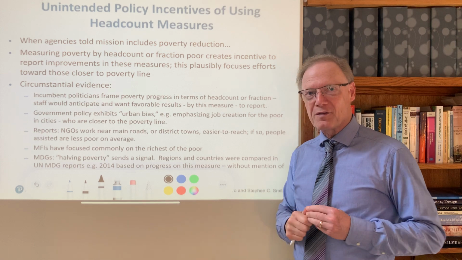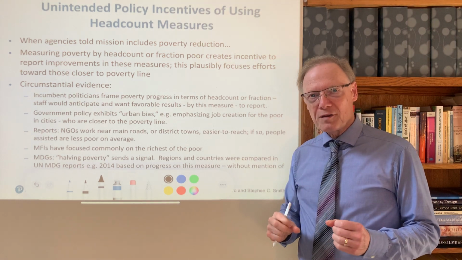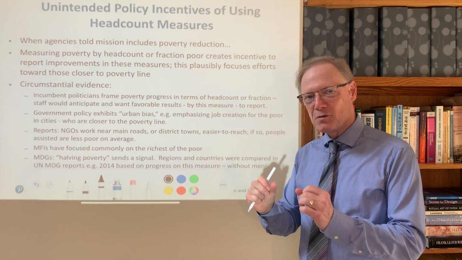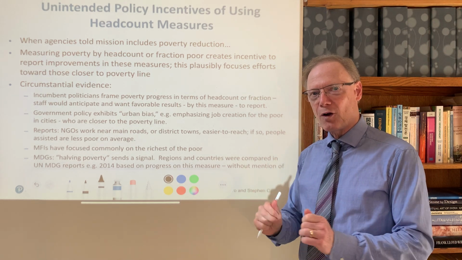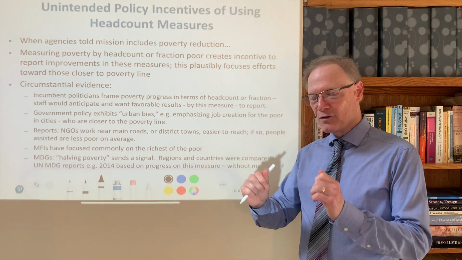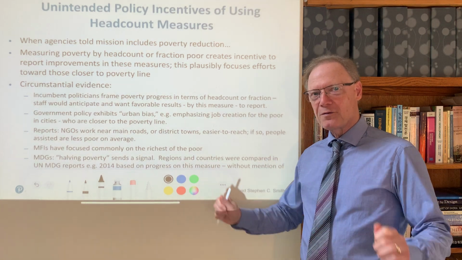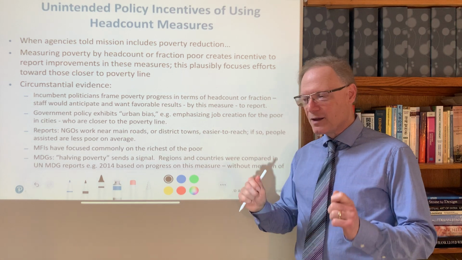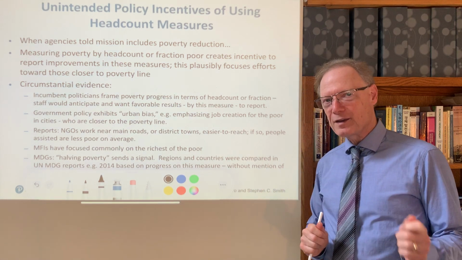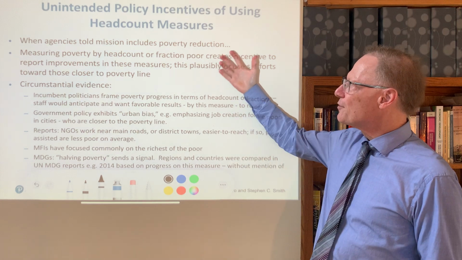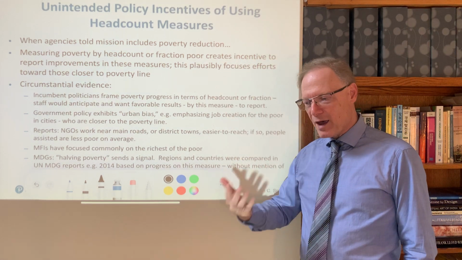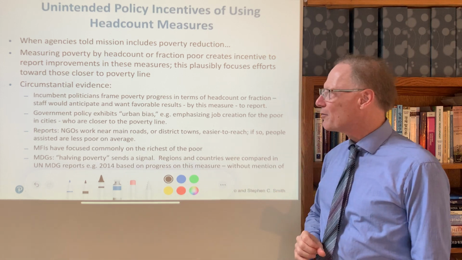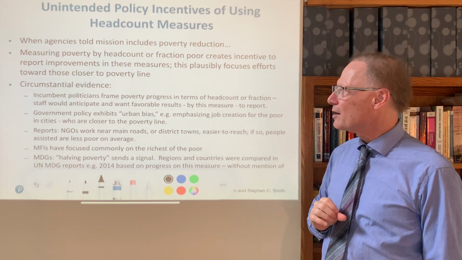And I'll just talk about this very briefly. One reason why good measurement matters is because if you use your measure in order to chart progress, and even to evaluate how well different officials are doing as well as programs are doing, you have to realize that the kind of measure you use has incentive effects. And so when we have as our measure of extreme poverty the fraction below the poverty line, that becomes an issue.